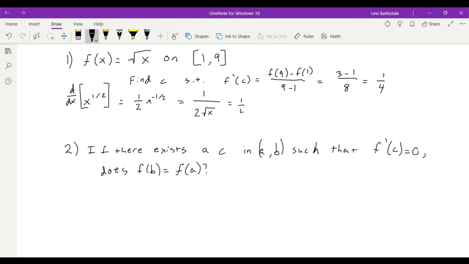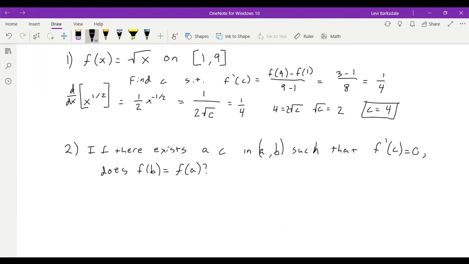And that is equal to 1/4 if we let this x be our c value that we're looking for. So then simply by cross multiplying, we get that 4 is equal to 2 square root c. So square root c is equal to 2. So c is equal to 4.